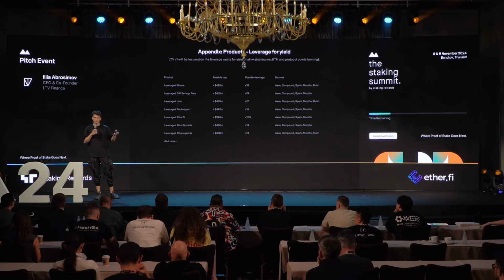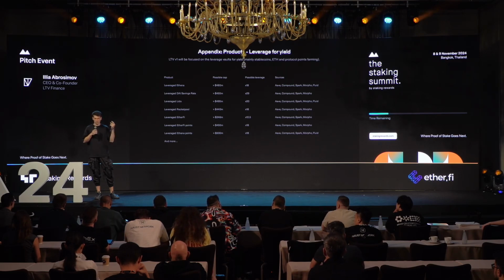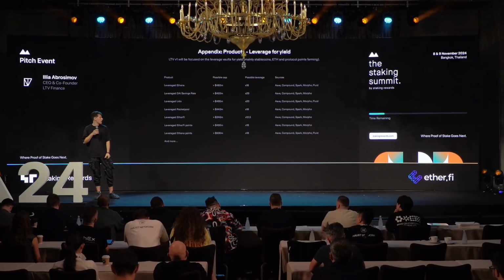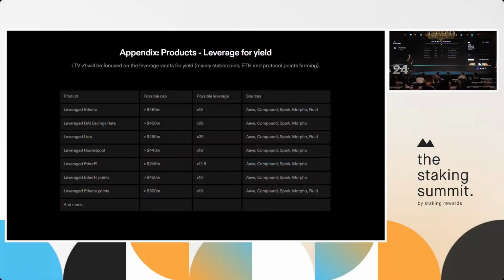So if the underlying APY is around 3%, with 10x leverage it gives you 9 plus 3, which is 12% APY, something around this. It depends on the borrowing rates, obviously, and on the actual APY, but usually more than 10%. Actually, it's much higher for the stablecoins right now. On stablecoins, it's up to 30%, I believe, that you can get.